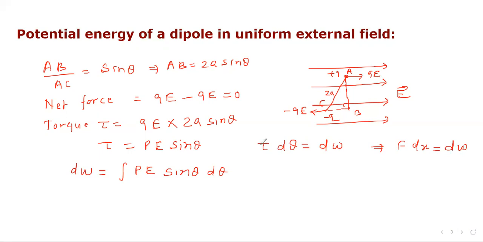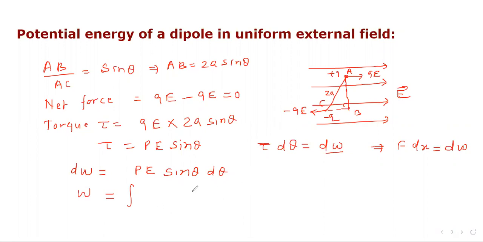So in rotational motion, torque times angle moved gives the work done. So PE sine theta d theta. So here we should not write integration when we have to find out total work. In that case, we will write integration. Now we write total work and then we put the limits.